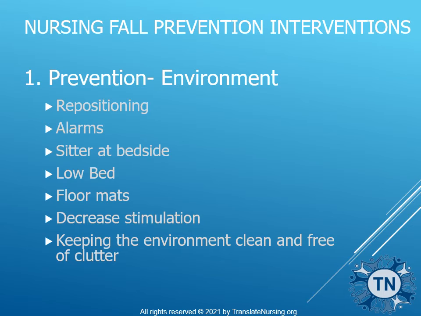Here you can also implement a sitter at the bedside, so someone is there if the patient does need to get up. Sometimes we can implement a low bed. A low bed keeps the patient lower to the floor, so if the patient rolls off the bed, the impact of the fall is not as bad. Sometimes the low bed is also combined with floor mats, and floor mats help, again, decrease the impact of the patient falling.